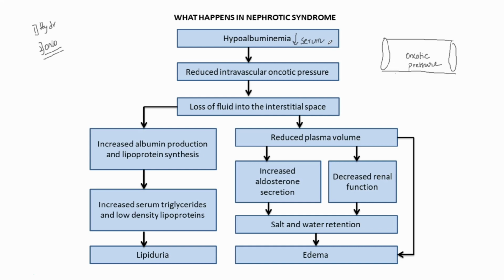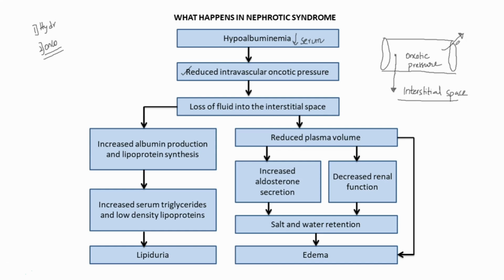Because of the low serum proteins, that is loss of proteins in the urine, there is reduced intravascular oncotic pressure. Because of the reduced oncotic pressure, the fluid from the intravascular compartment comes out and there is loss of fluid into the interstitial space. This leads to reduction in plasma volume.